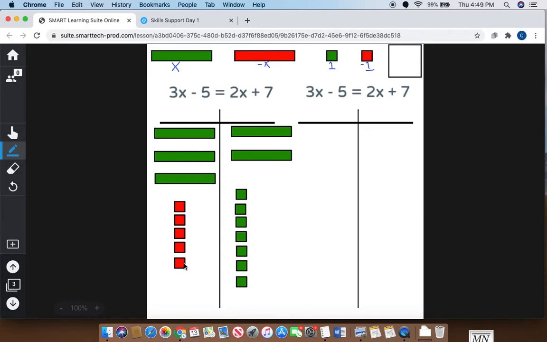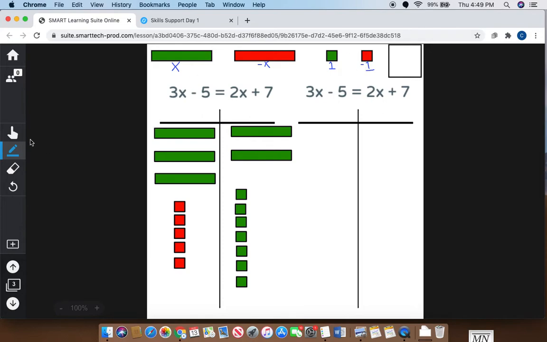Okay? Now remember, if you add a negative x to x, or x minus x, they give you 0, so they cancel each other out. Same thing with the numbers. 1 minus 1 gives me 0, so they cancel each other out. So think of them next to each other as a cancel pair.